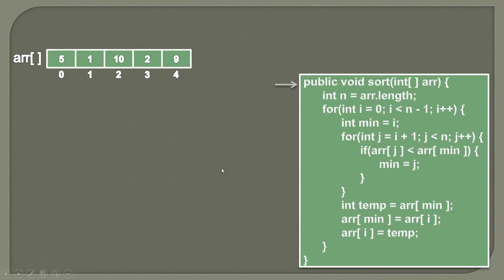Moving ahead, in the first step we simply store the length of the array in an integer variable n. The value of n is 5 because we have 5 elements. Also, friends, in our previous video we discussed that we divide this array into two parts, the unsorted part and the sorted part.